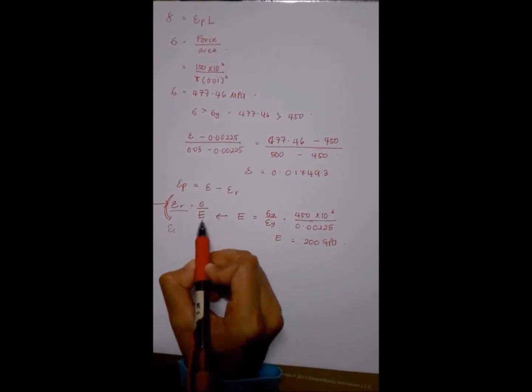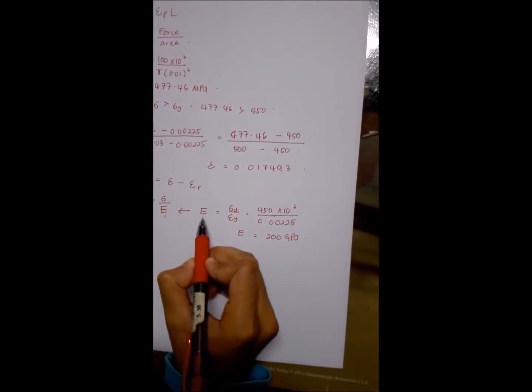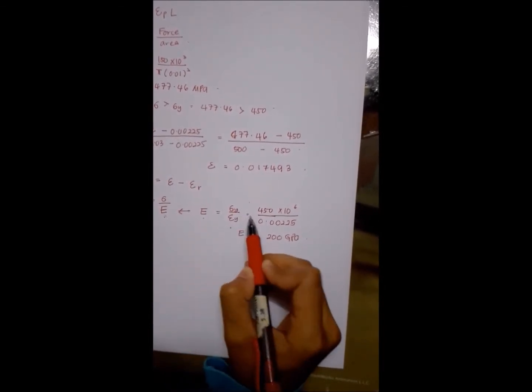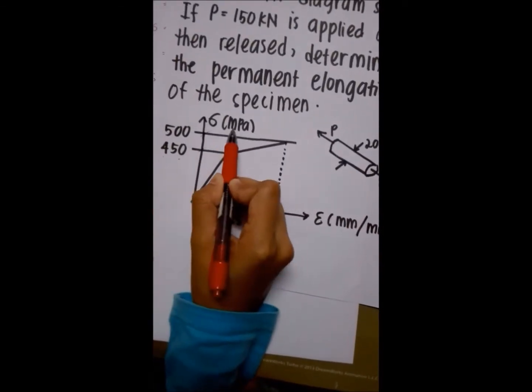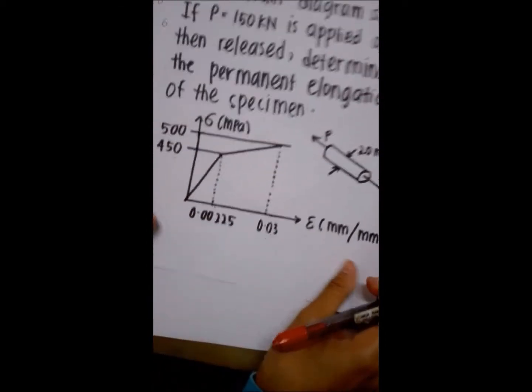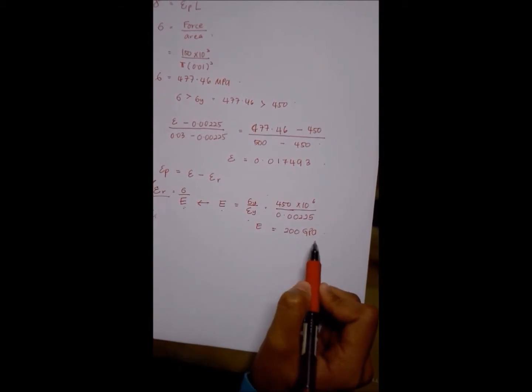First, we have to find the modulus of elasticity. The formula of the modulus is stress yield over strain yield, which equals 450 megapascal over 0.00225, and we get the modulus is 200 gigapascal.